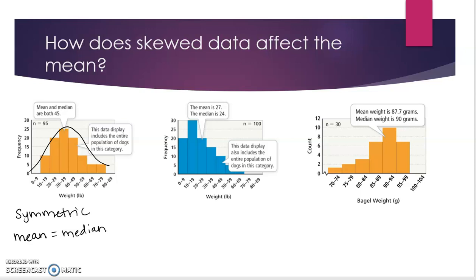Here, when it's skewed to the right, because my tail is on the right, you can see that my mean gets bigger. It increases, that tail pulls the mean to be bigger, so the mean increases and is bigger than the median.